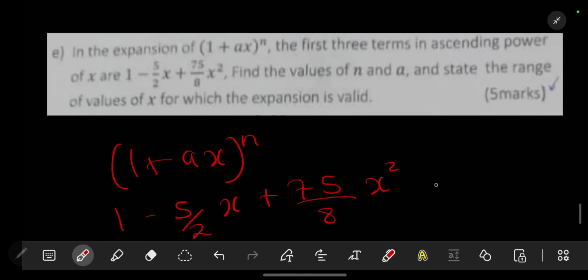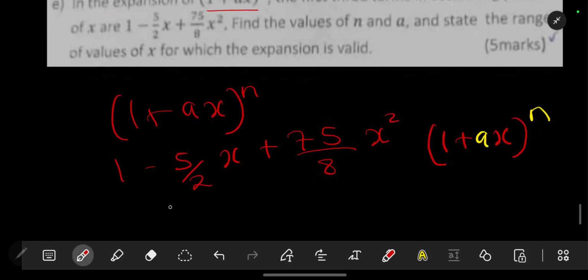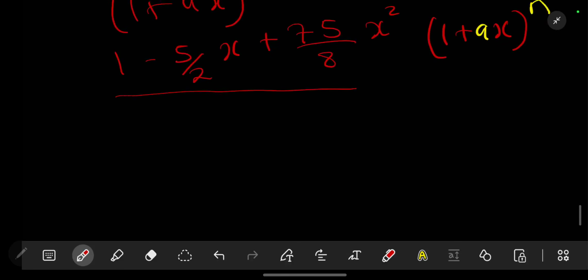Find the values of n and a and state the range of x for which the expansion is valid. So we have our 1 plus ax to the power of n. We are required to find the values of a and n, provided that they have given us the three terms. So looking at this, we use the way we expand binomial expansion.